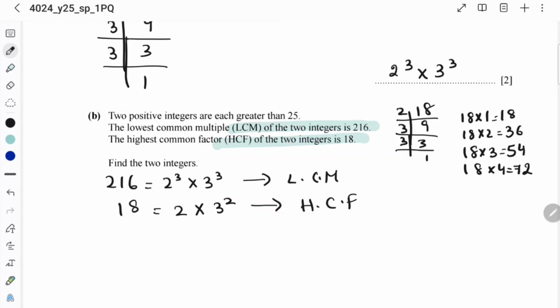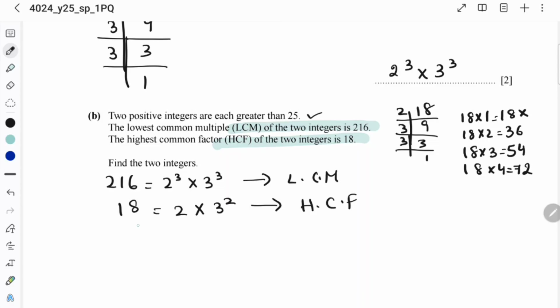You can take more if you want, but if you get the answer in between, then they are the two numbers. 18 ones are 18, we'll reject because we need numbers greater than 25. So first of all, we are looking at 36, and that we'll have to check.